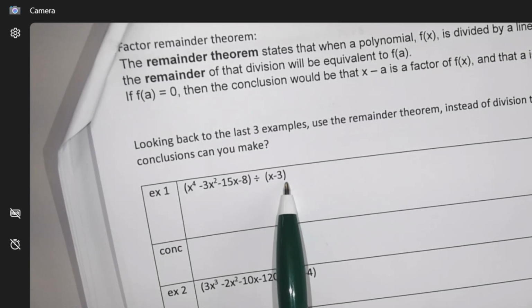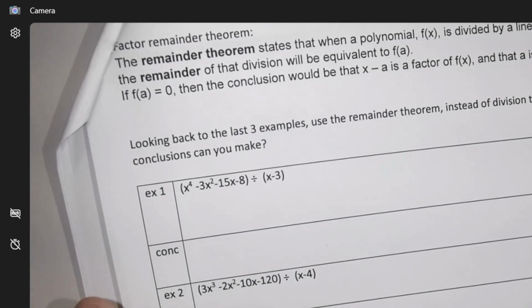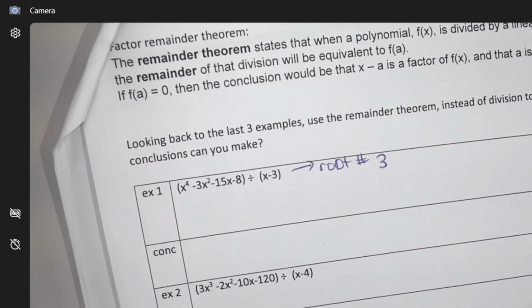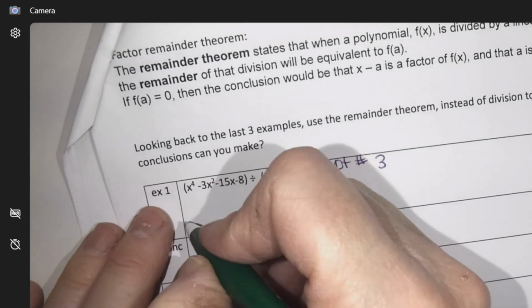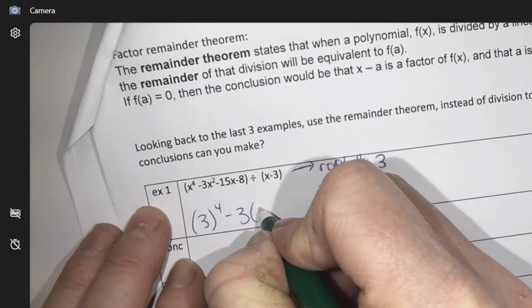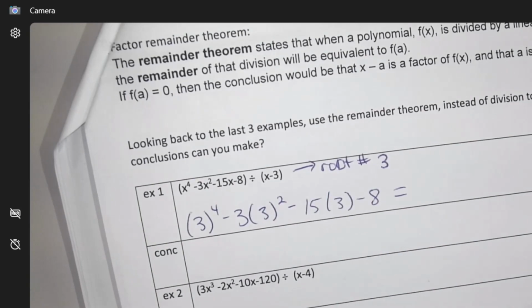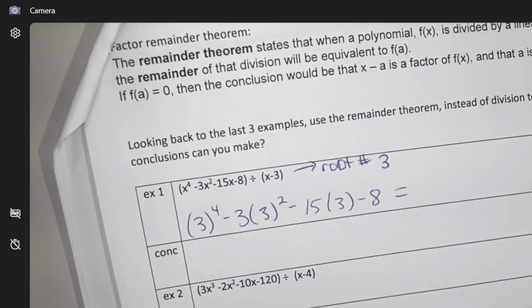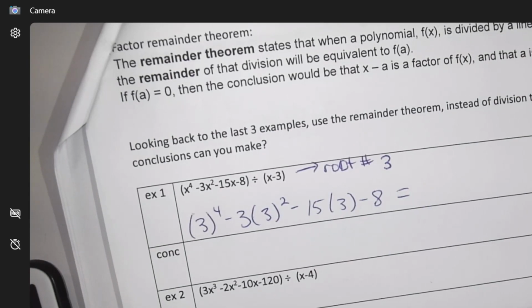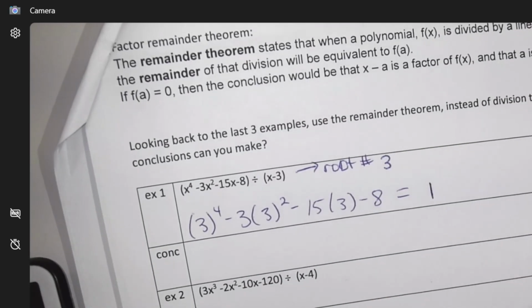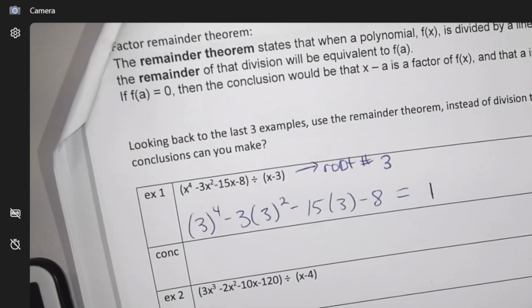So what you're going to do is you're going to test the root number. What is the root number? The root number is positive 3. So we're going to plug a positive 3 into that. Calculator typing, and I get 1.